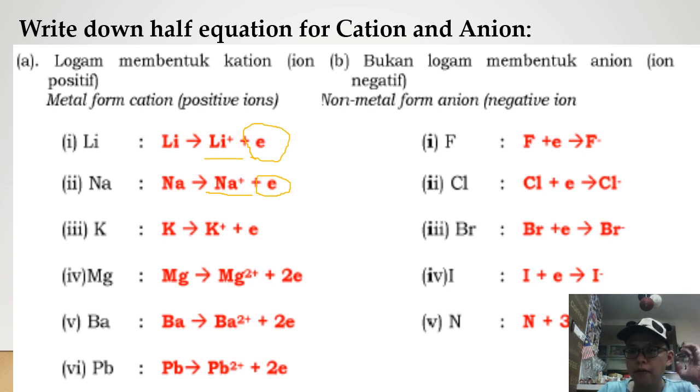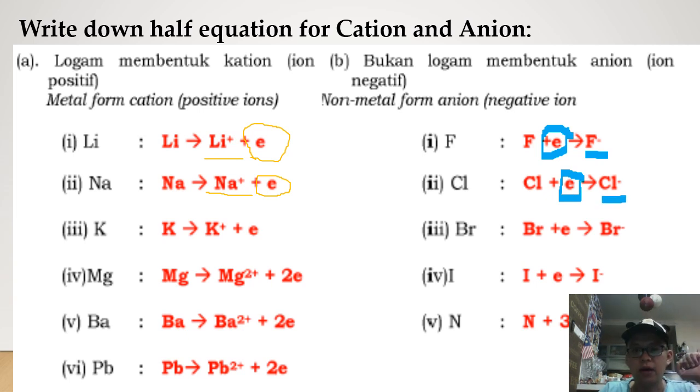Fluorine. Fluorine is a non-metal, so fluorine always receives the electron. When fluorine atom receives 1 electron, it will form fluoride ion with negative charge 1. Same with the chlorine atom. When chlorine atom receives 1 electron, it will form chloride ion.